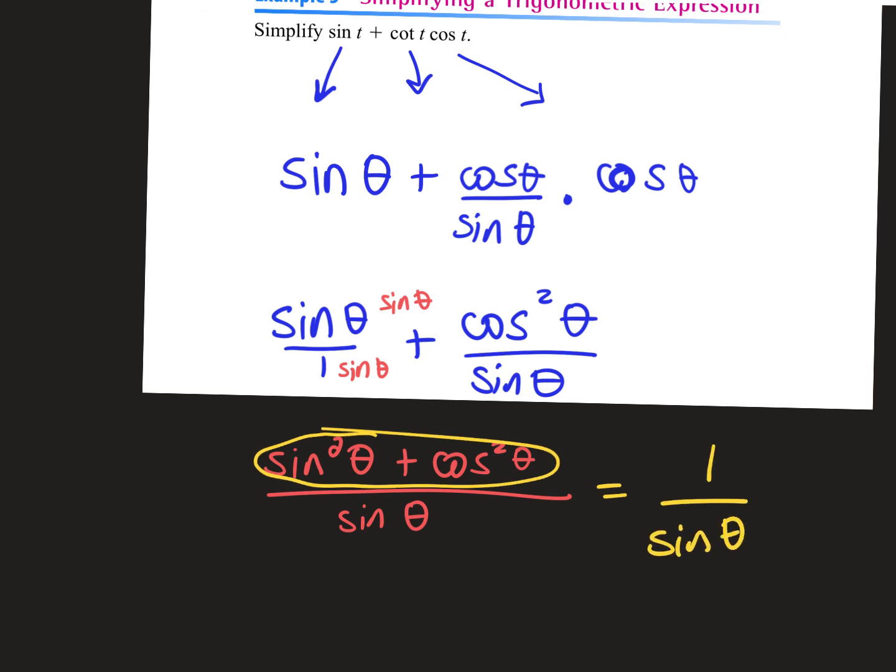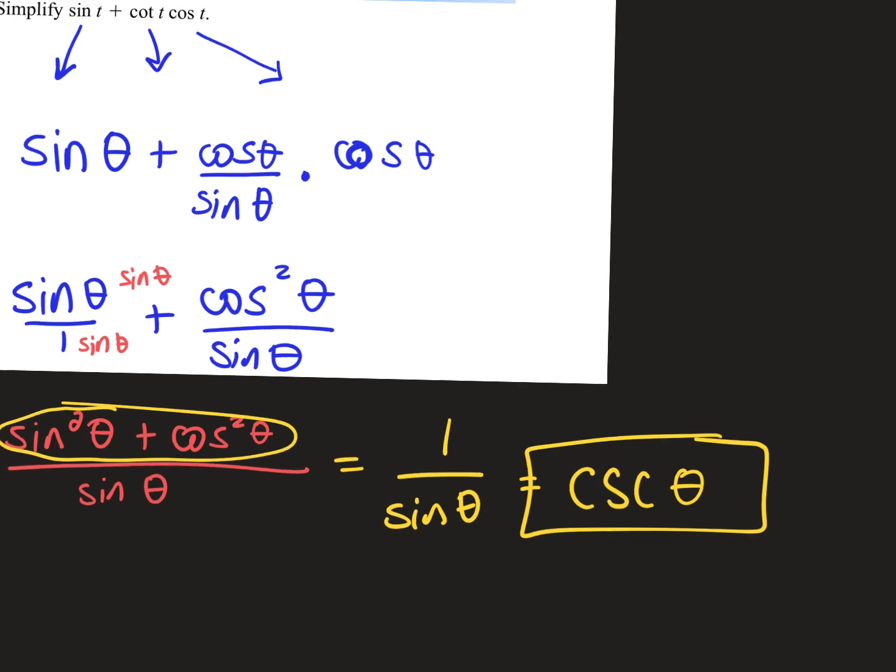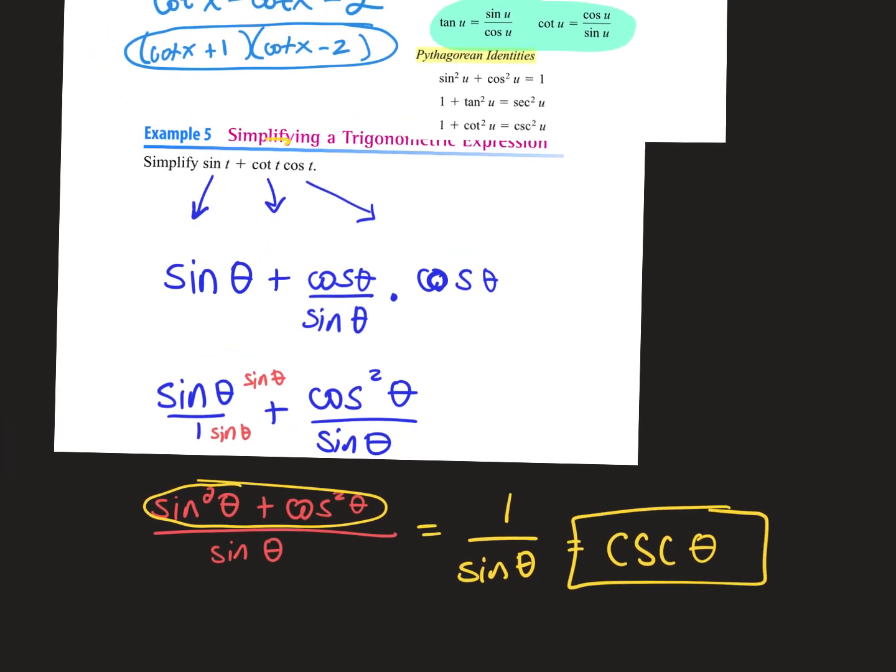Now, I would go one step further, because when you fully simplify it, I told you guys want to try and get away from fractions. What is the same thing as 1 over sine of theta? Tell me. Julian, tell me. Cosecant theta. Perfect. So you started off with sine of theta plus cotangent theta times cosine theta, and you simplified it to the cosecant of theta.